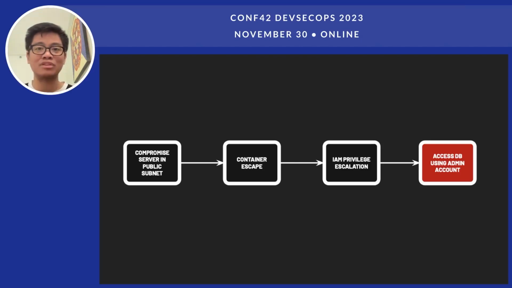IAM privilege escalation is possible, meaning that someone with very little permissions could technically find a way to access the entire account using the right set of steps. When I say the right set of steps, maybe other IAM resources could be created, and those could then be used to get extra access, which would allow an attacker to perform malicious actions or operations.